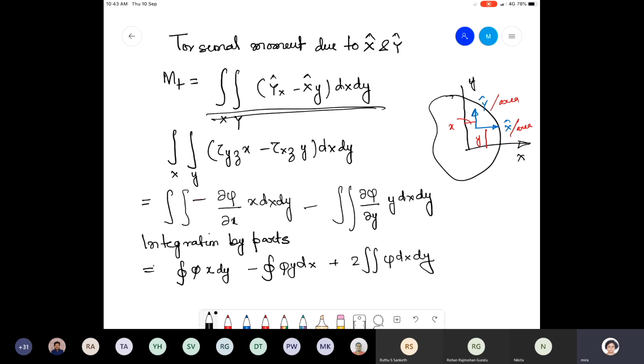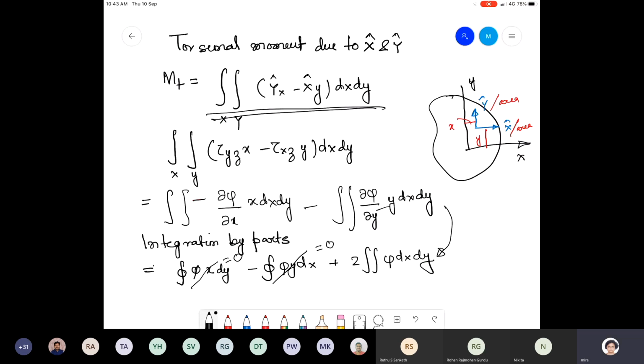I'm leaving the integration to you; it's very straightforward. If I do integration by parts of this, this is going to lead to this. Okay, so this again is the boundary integral, which is 0. This is the boundary integral, which is 0. So I am left with this.